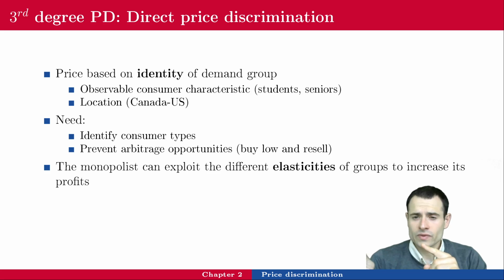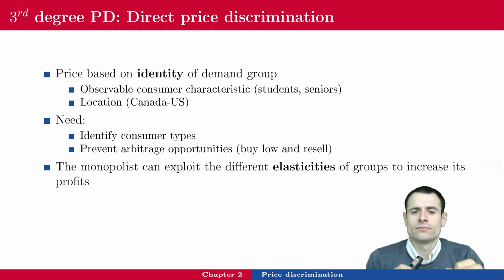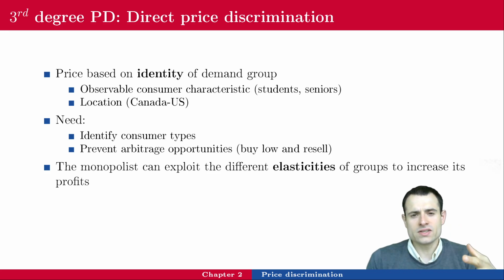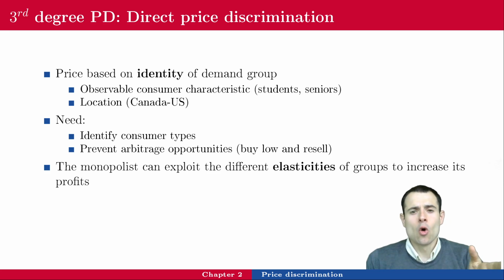On the other hand, it will be able to charge a higher price to the other type of customer and also increase its profits. If instead it charges a uniform price, then the optimal price will be somewhere in the middle.